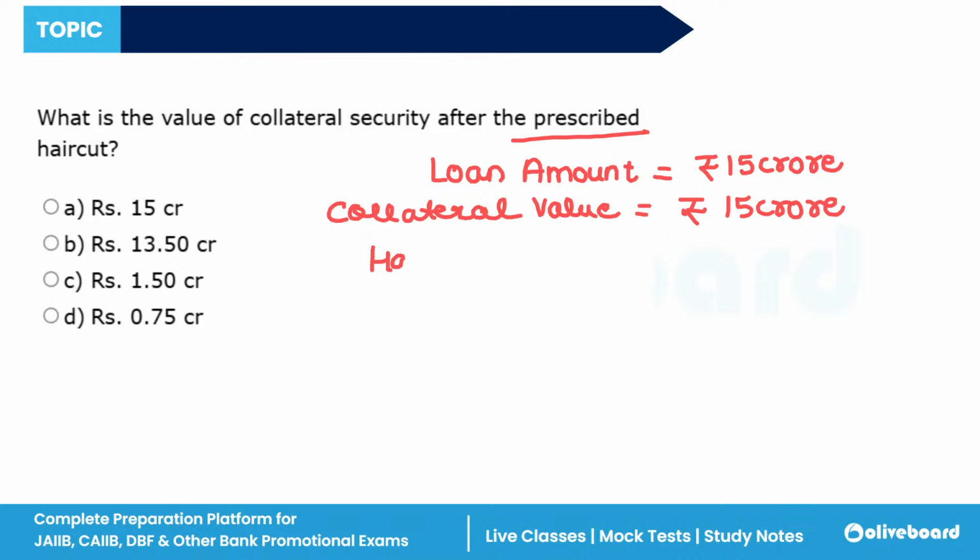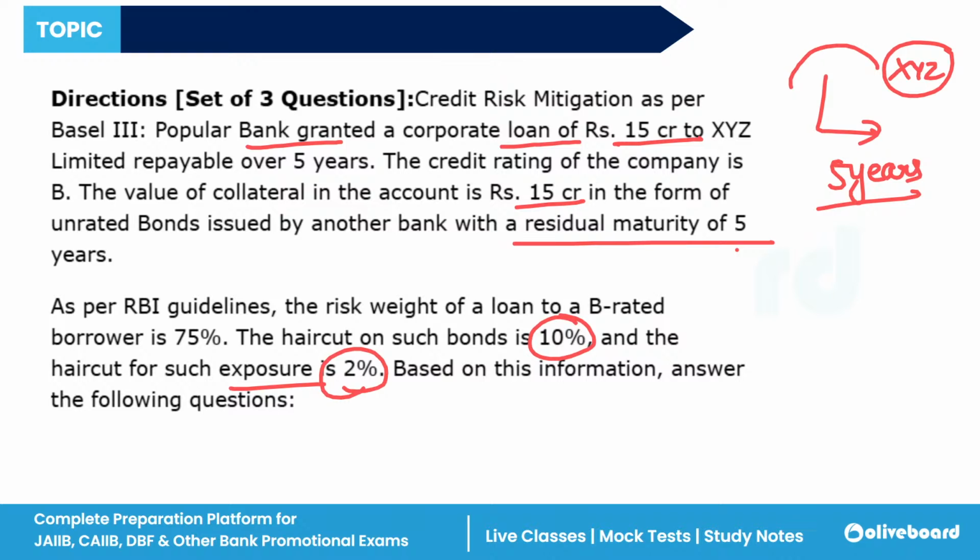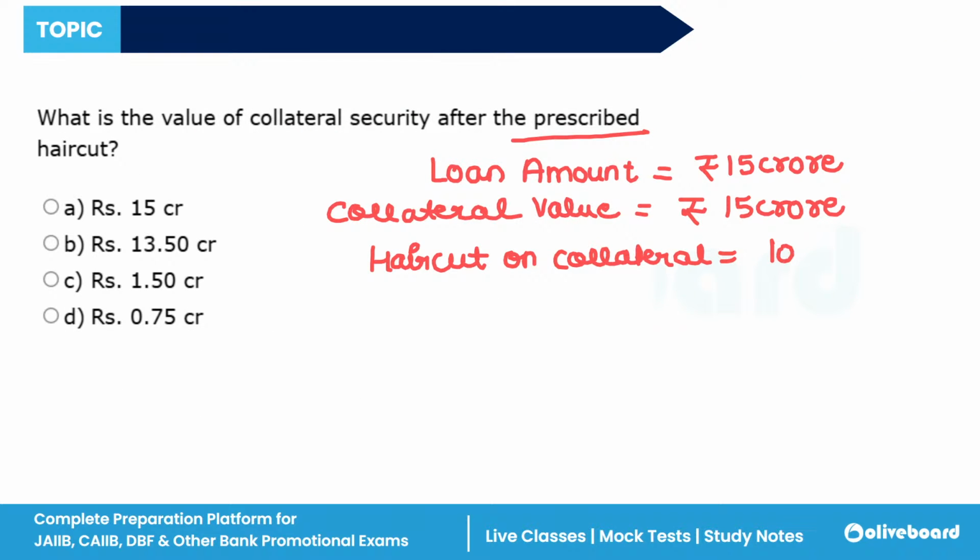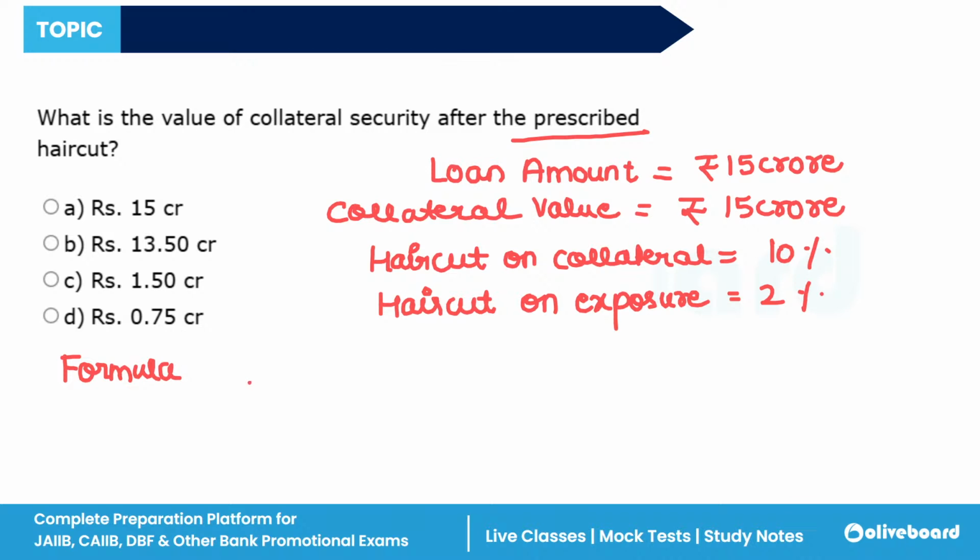Now haircut on collateral is given, that is 10%. Haircut on exposure is given, which is 2%. So what is the formula here for adjusted collateral value?